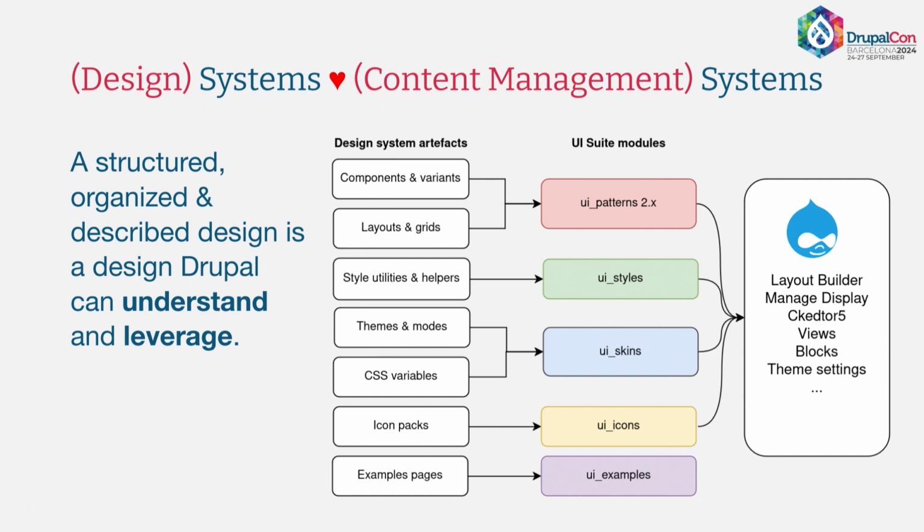Not exactly the same, but it works. We have UI styles for the helper and utilities. We have UI skin for the theme mode and CSS variable. And UI icon for the icon packs. So if you enjoy UI pattern and you want to extend your design implementation, we can provide you.